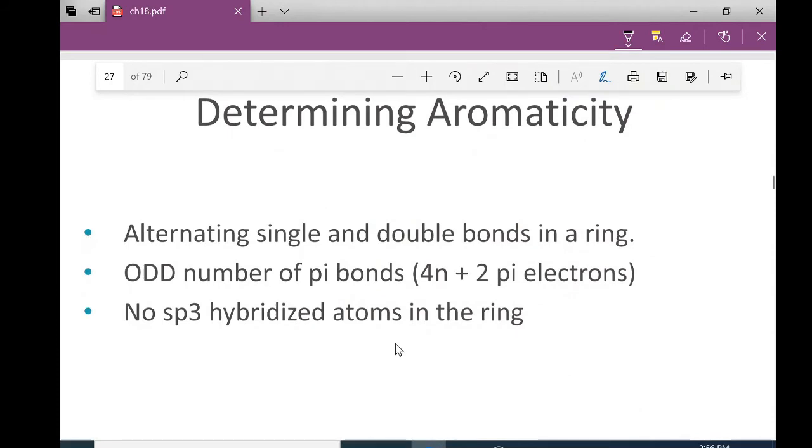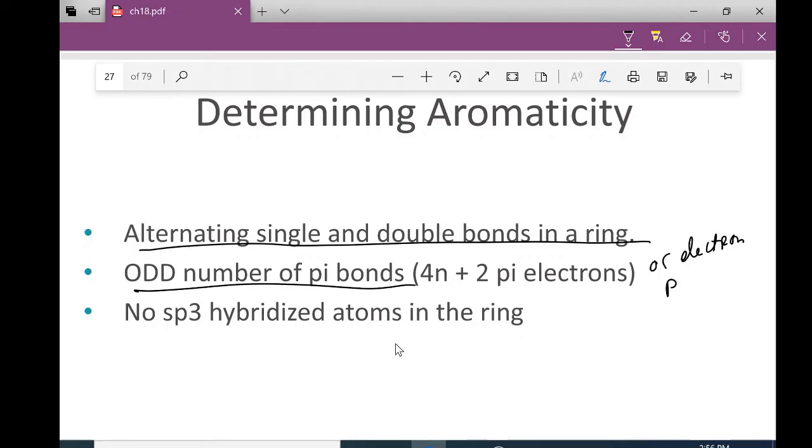So how do we determine aromaticity again? Alternating single and double bonds in a ring. An odd number of pi bonds or electron pairs. We're going to see that that doesn't always mean pi bonds. And we can't have any breaks in aromaticity, so we can't have any sp3 hybridized atoms in the ring.